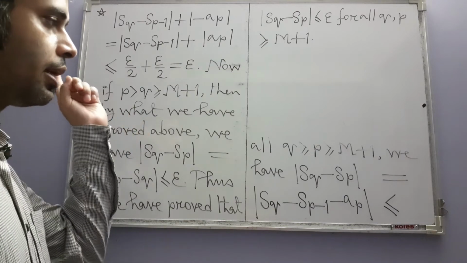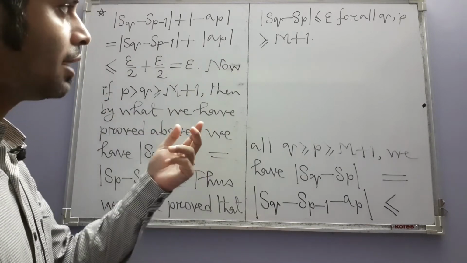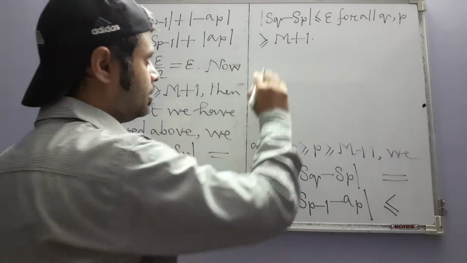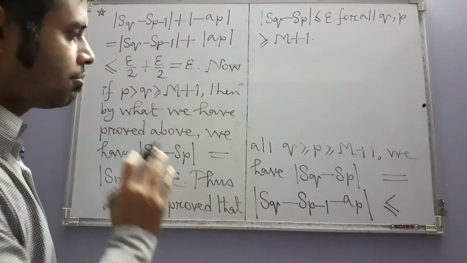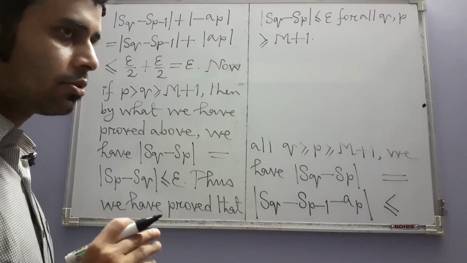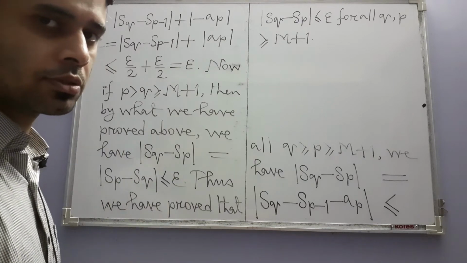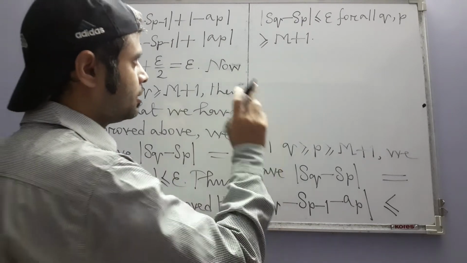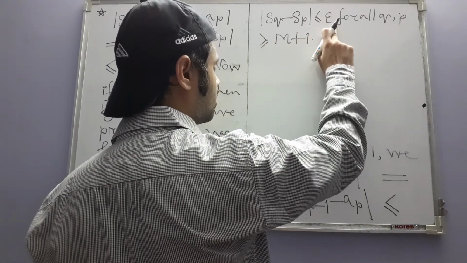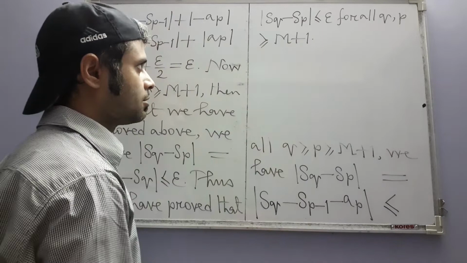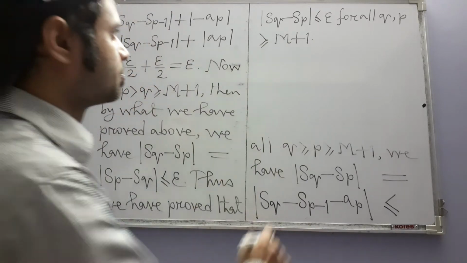So for that chosen epsilon, you have found an integer m plus 1 greater than or equal to m. M itself is greater than or equal to small m, so m plus 1 is also, all the more so, greater than or equal to small m, such that this numerical difference is less than or equal to epsilon for all P and Q starting from that stage.